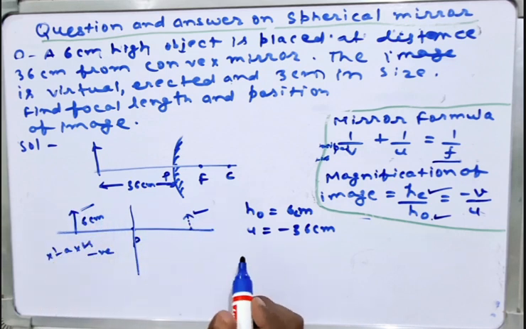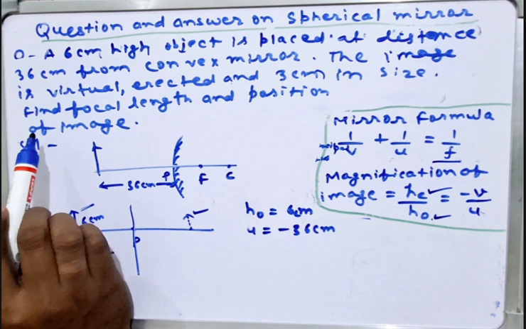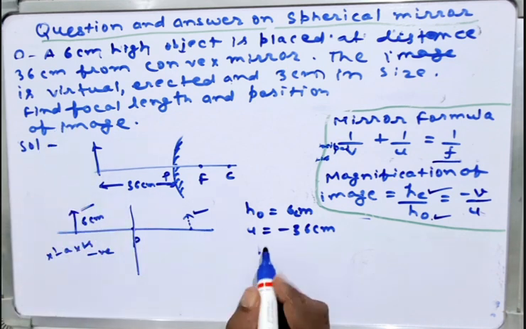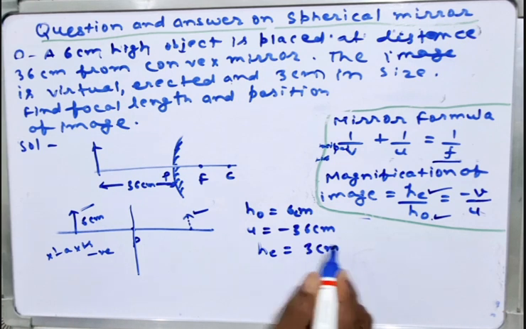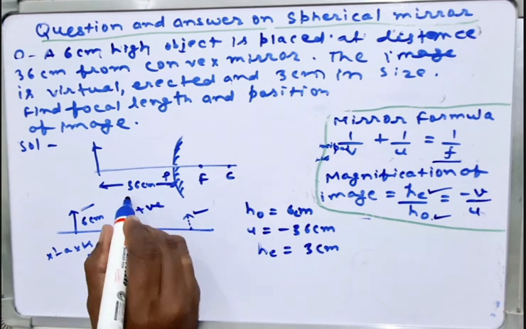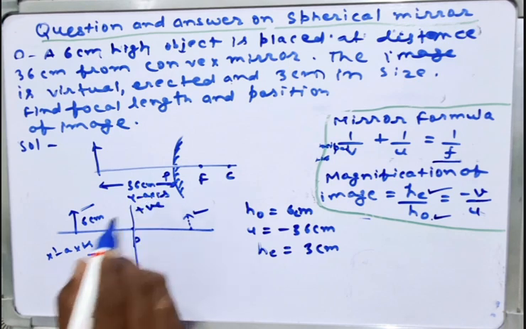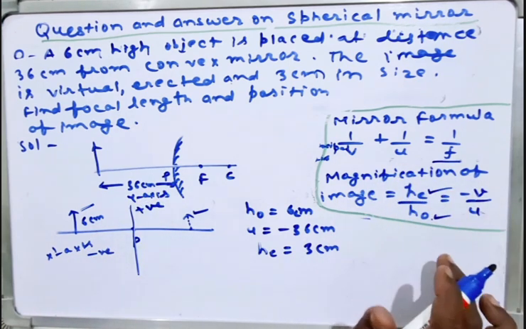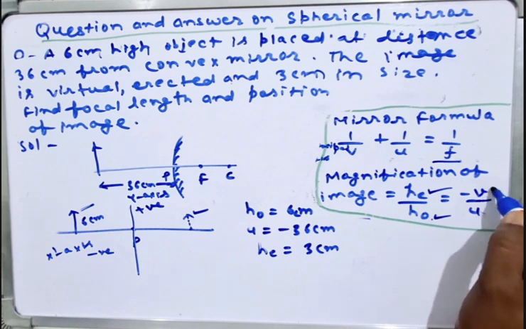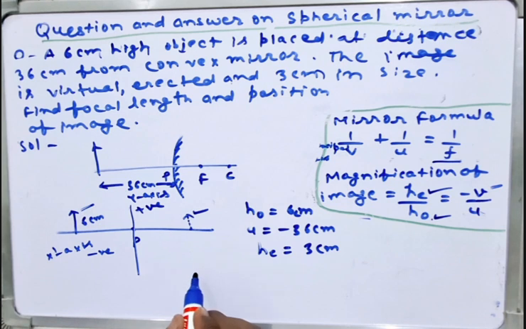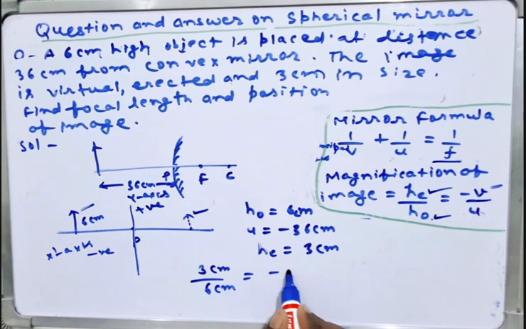Now the other information given here: the size of the image, he, is 3 centimeter. Why positive? Because this is on the positive y axis. So we will use the magnification formula to get the value of v, the image distance from the pole. he is 3 centimeter, h0 is 6 centimeter, so it is minus v by u, where u is minus 36.